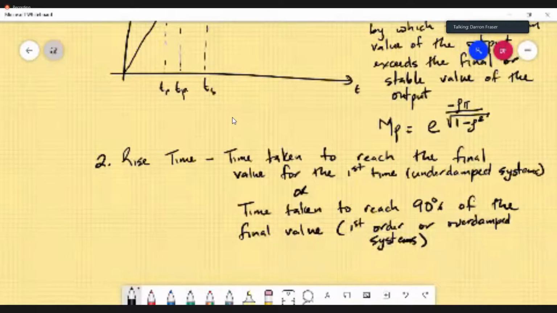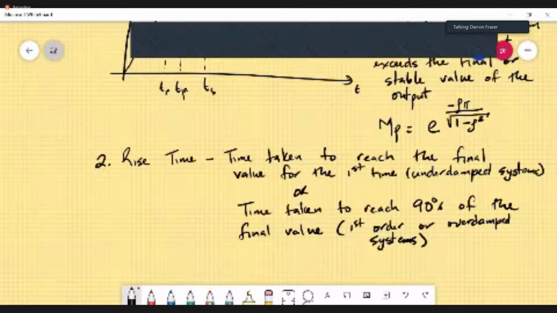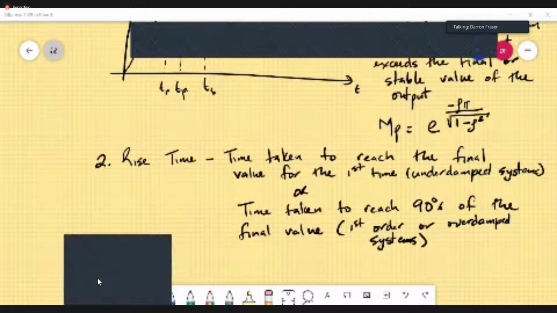All right, so the rise time is the time it takes to reach 90% of the final value, or the final value for the first time.